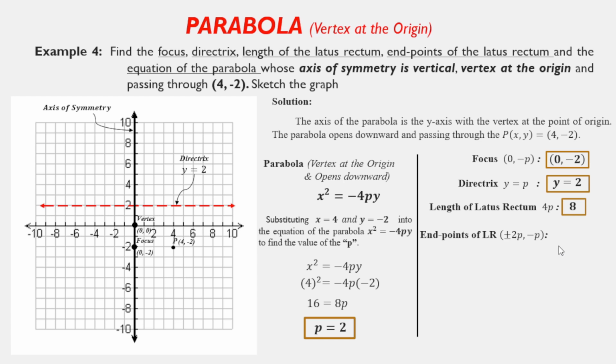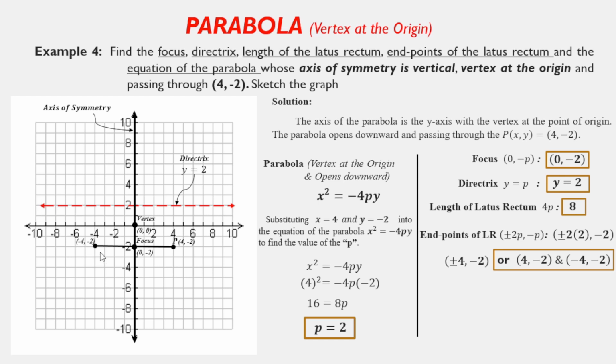Substituting the value of p, we have (±2 times 2, -2). Simplifying further, we have the coordinate (±4, -2). If we split this into two coordinates, they are (4, -2) and (-4, -2).